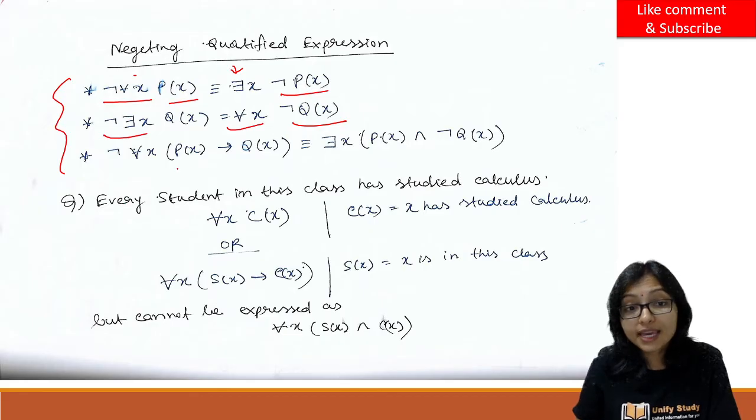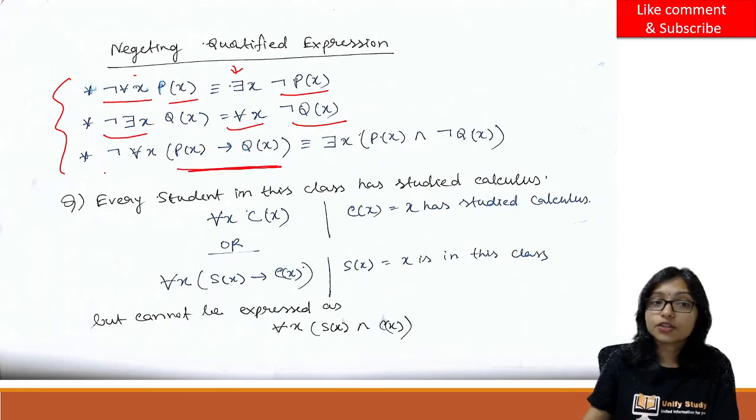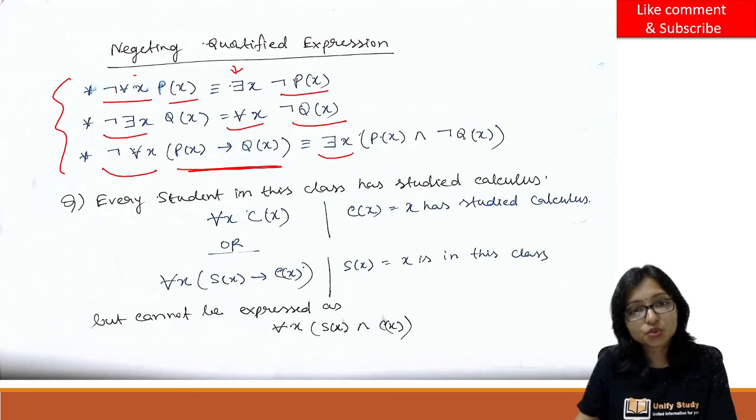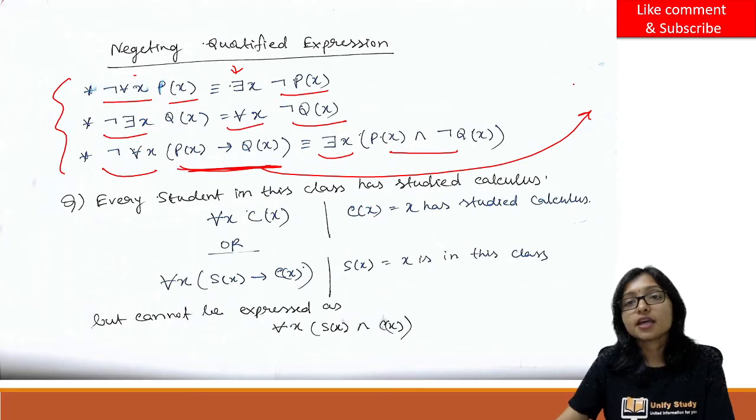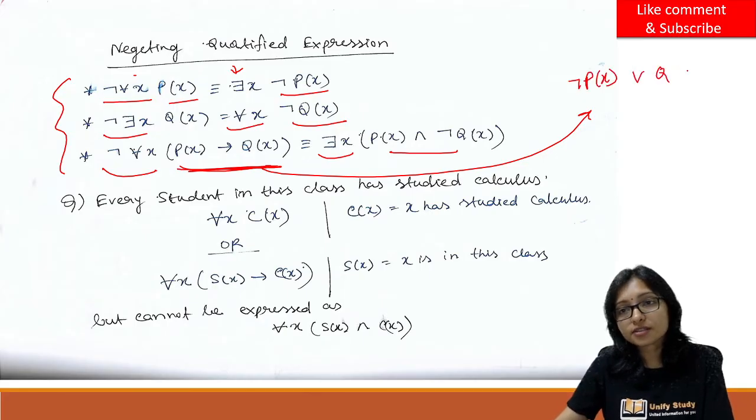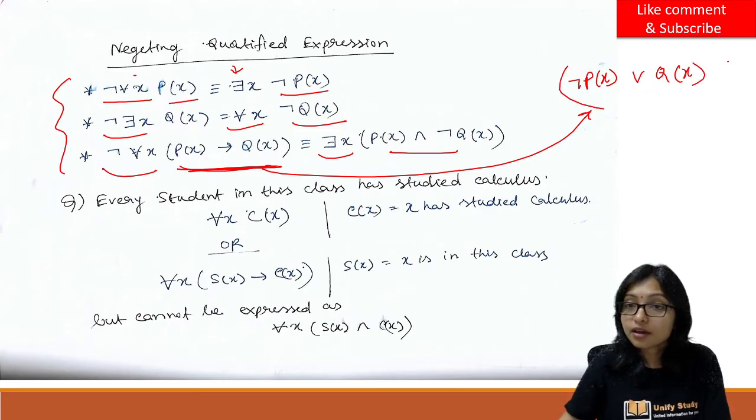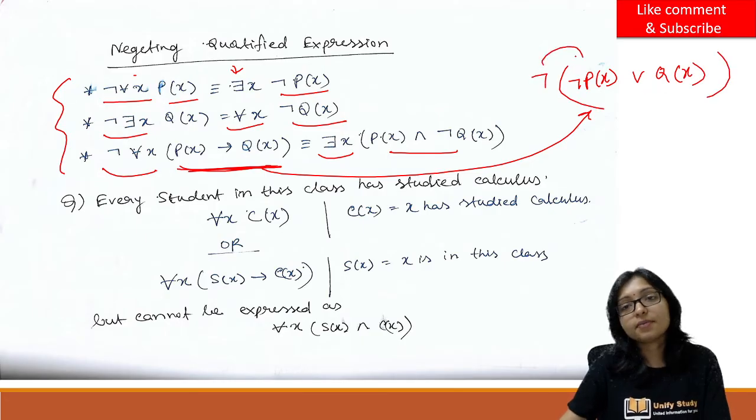And this P implies Q, actually, "not for all" will be changed to "there exists", and this one is changing to "and". Why? Because just expand it. It is not px or qx. Now I am multiplying by not.